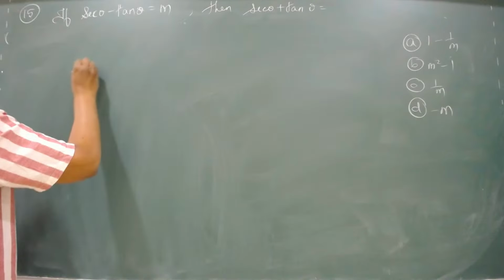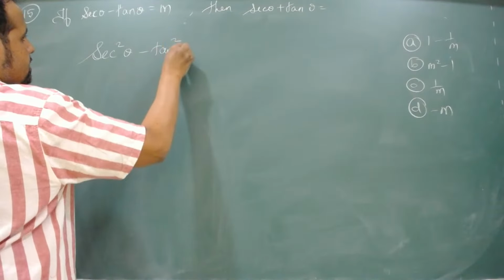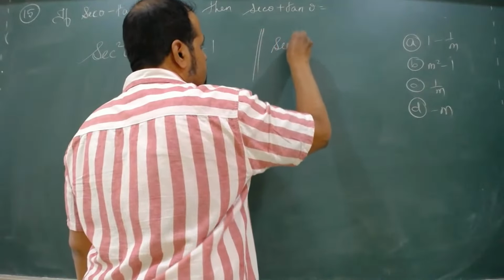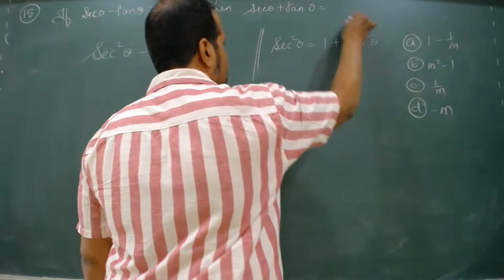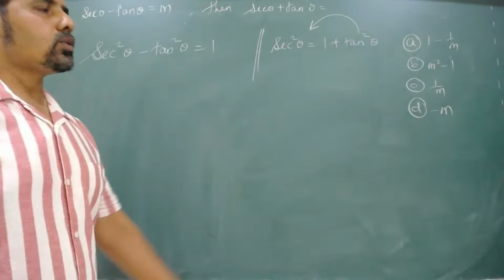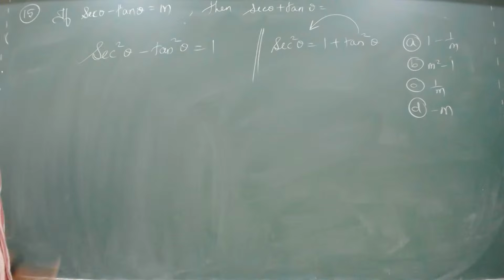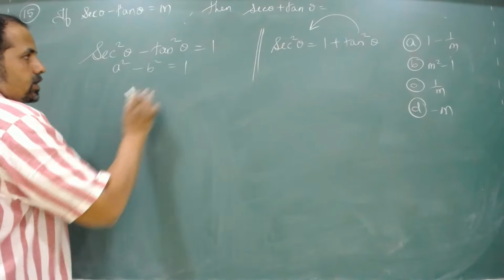Okay, let me use an identity. Sec square theta minus tan square theta is equal to 1. This is an identity. I repeat once again. Sec square theta is equal to 1 plus tan square theta. So when you shift tan square theta towards the left side, it becomes sec square theta minus tan square theta. This is in the form of a square minus b square.